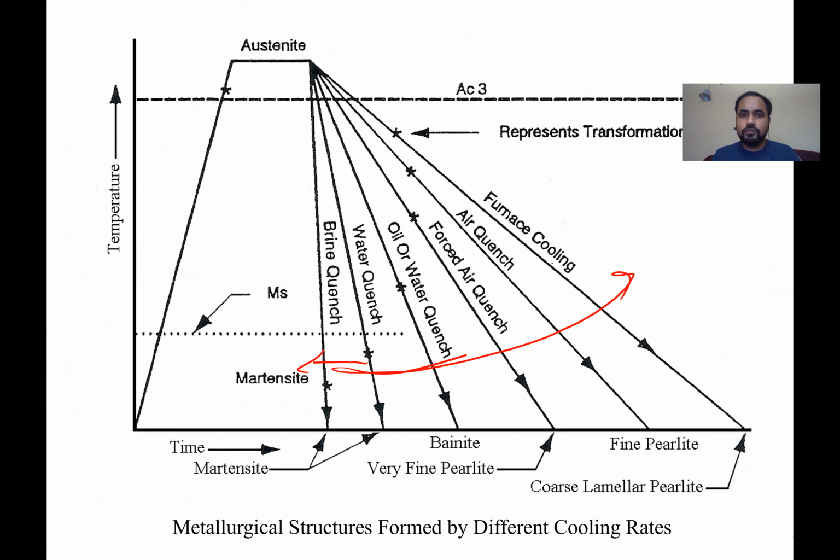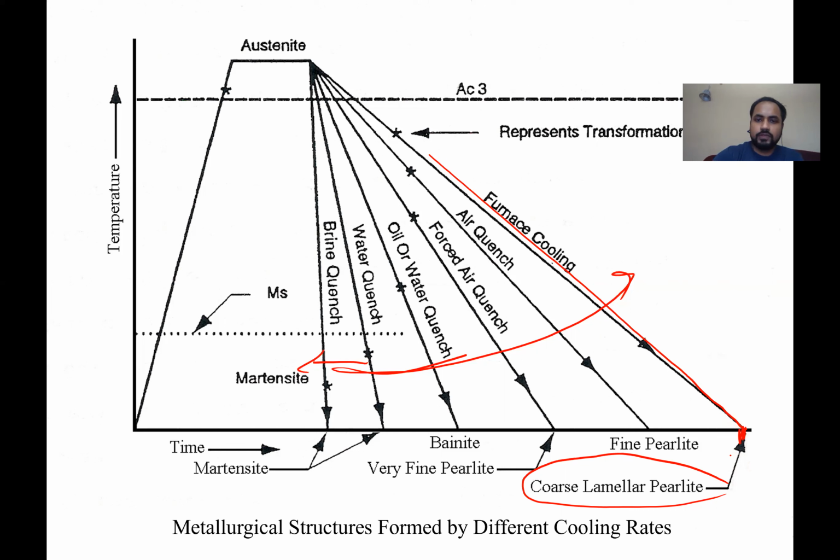So when you do a slow cooling, you heated the material and then you just turned off the furnace once you are done, that is called your furnace cooling. When you do furnace cooling, you will form a phase which is pearlite. Obviously, it depends on the composition, but generally when we discuss steel, we are near about the pearlitic region. So you form coarse pearlite whenever you are doing furnace cooling.